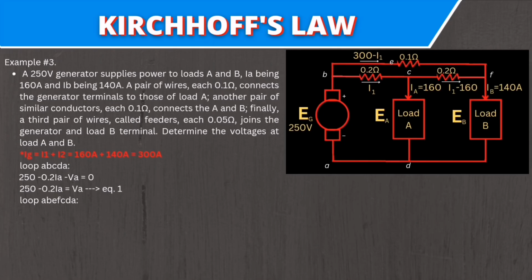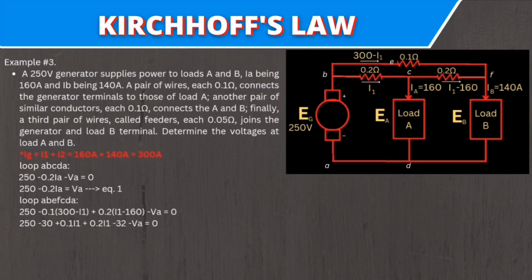Then take the loop ABEFCDA. 250 minus 0.1 times quantity 300 minus I sub 1 plus 0.2 times quantity I sub 1 minus 160 minus V sub A, equal to 0. 250 minus 30 plus 0.1 I sub 1 plus 0.2 I sub 1 minus 32 minus V sub A, equal to 0.